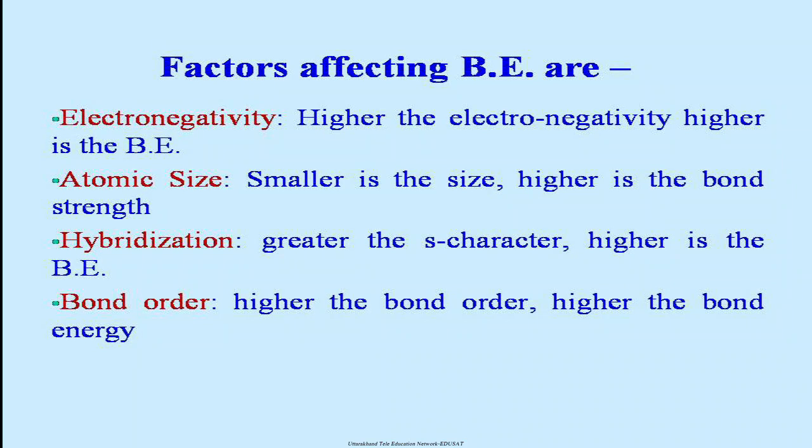The higher the electronegativity, the higher the bond energy. It means the electronegative atom will attract the shared pair of electrons towards itself, and the bond will be shorter, and higher energy should be applied for breaking this bond. So the higher the electronegativity, the higher the bond energy.